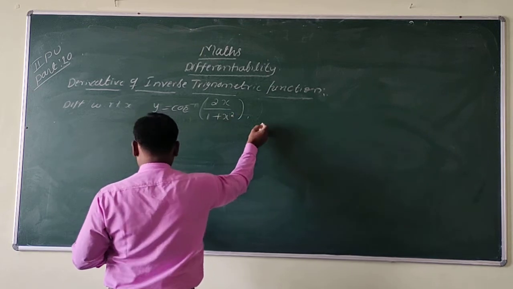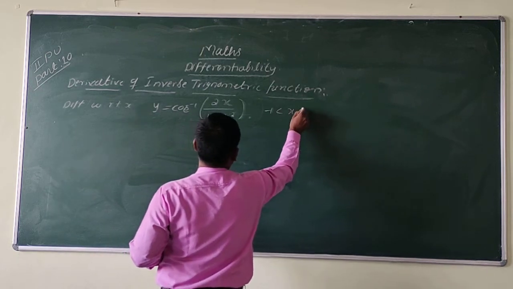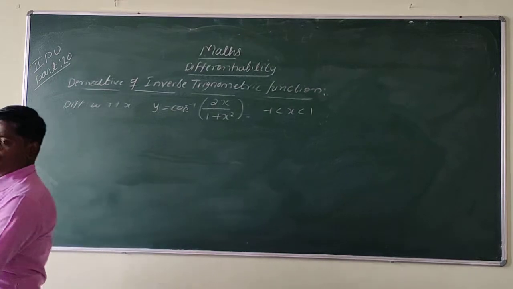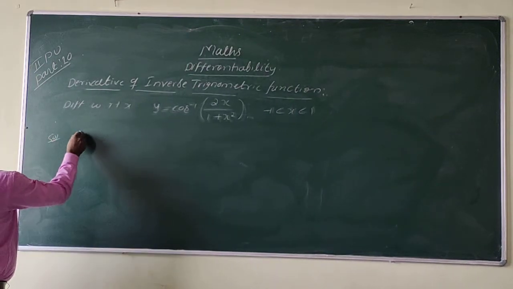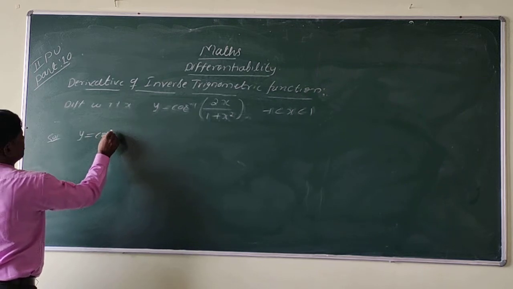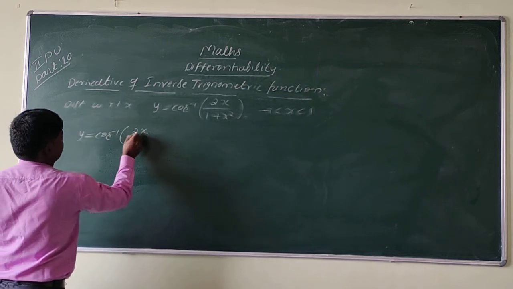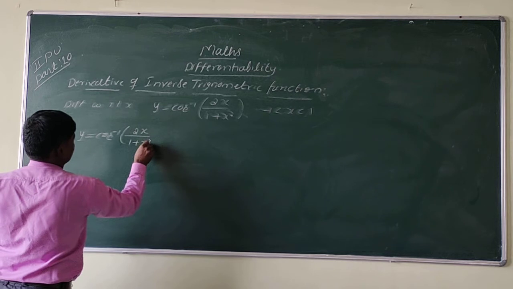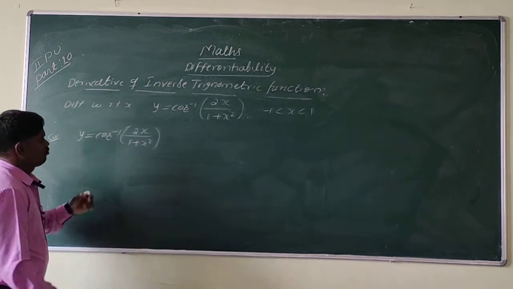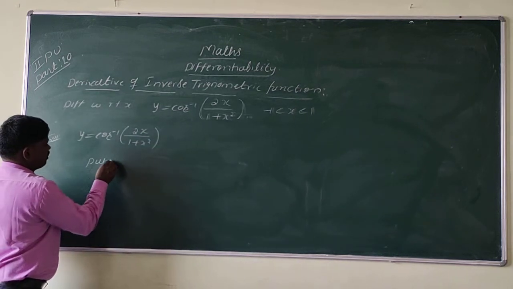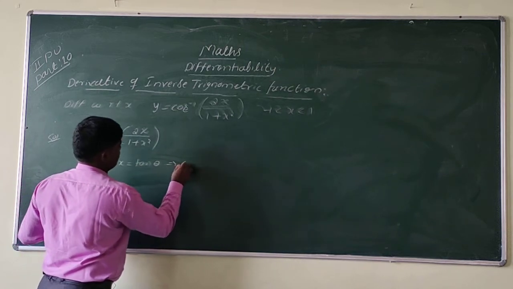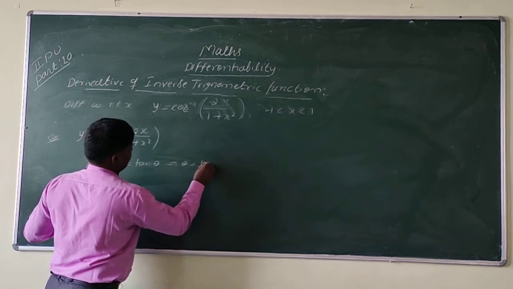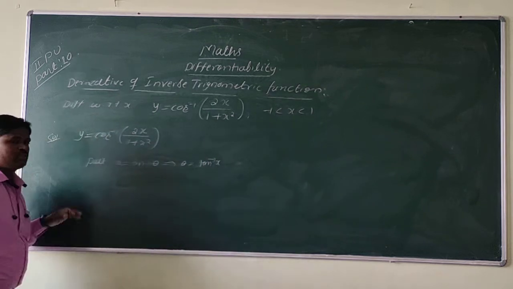The condition is minus 1 less than x less than 1. So we have y is equal to cos inverse of 2x divided by 1 plus x square. Put x is equal to tan theta, so theta is equal to tan inverse of x. Is it clear?